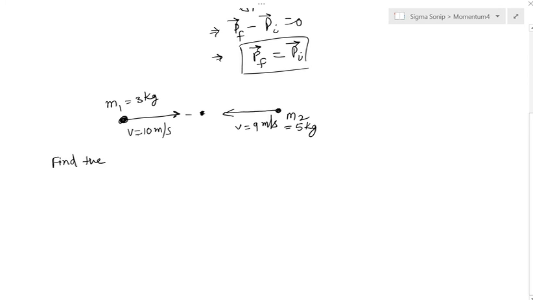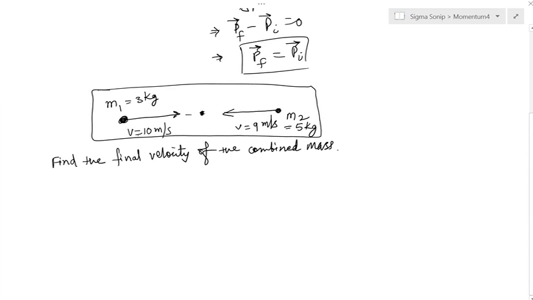Find the final velocity of the combined mass. We can treat this as an isolated system on which no external force is acting.